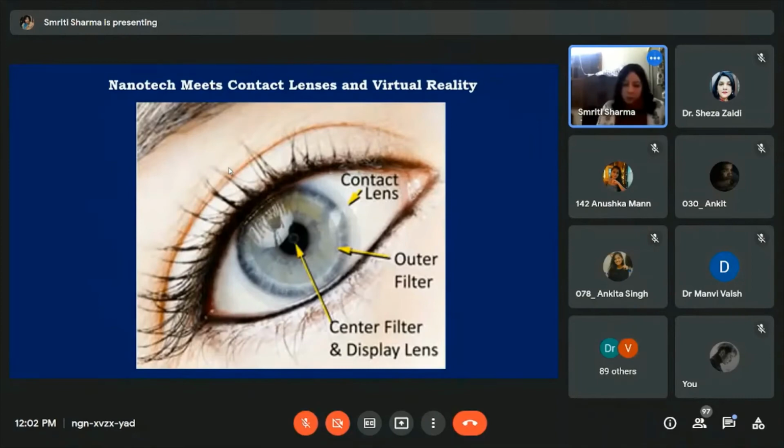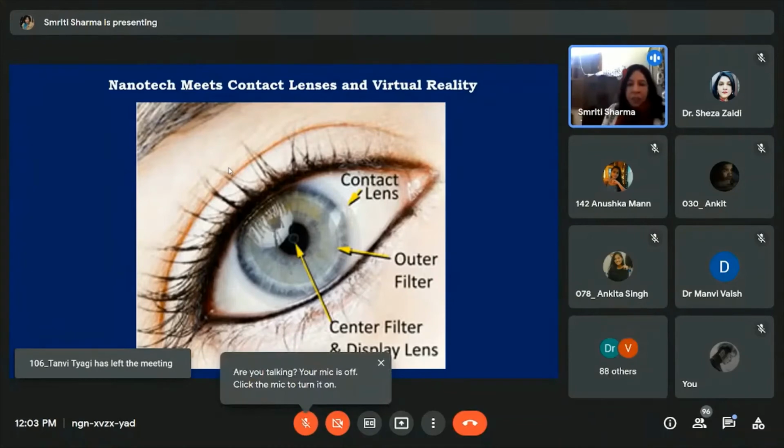So now let me talk about some of the great inventions, some of the things that we are doing with nanotechnology. When you go and see any virtual reality program, like a 3D movie or any virtual reality game, you have to wear those goggles, right?